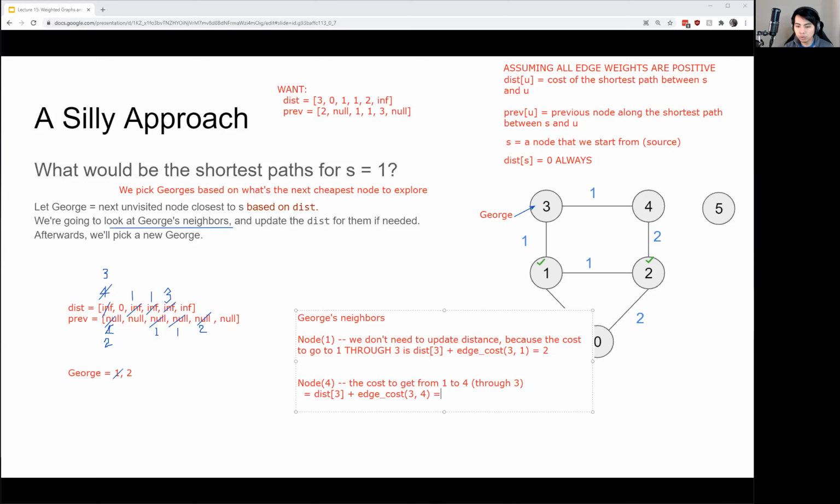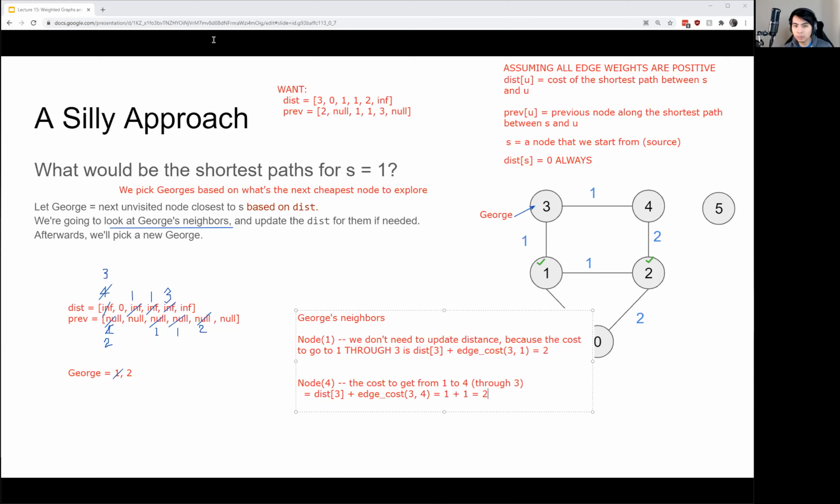And in this case, the cost to get to 3 was 1, plus the cost to get from 3 to 4 is 1, which gives us 2. 2 here is the new cost of getting to 4. The old cost of getting to 4 was 3.